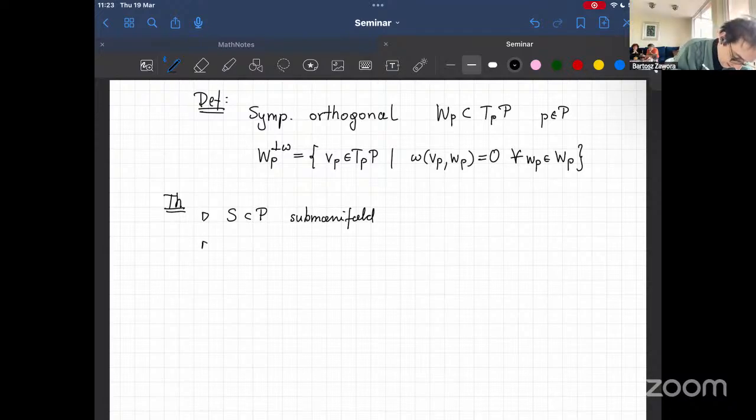Okay. Second is that we have an injective immersion of S into P. Then the kernel, because, sorry, what's the idea of the reduction?